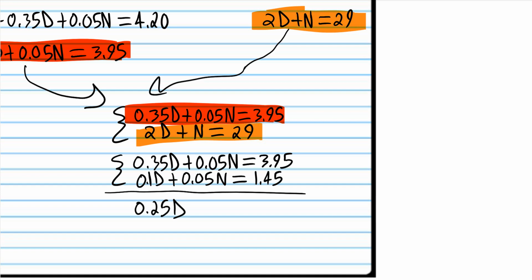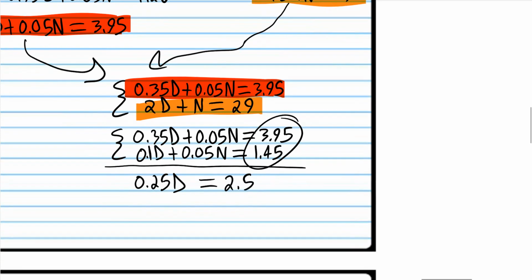And if I subtract the n's, obviously they cancel out. And if I subtract these, I get 2.5. And then if I divide both sides of the equation by 0.25, I get 10. So there are 10 dimes.